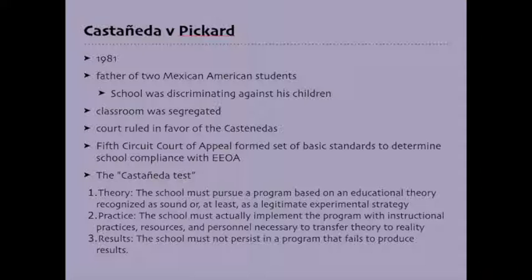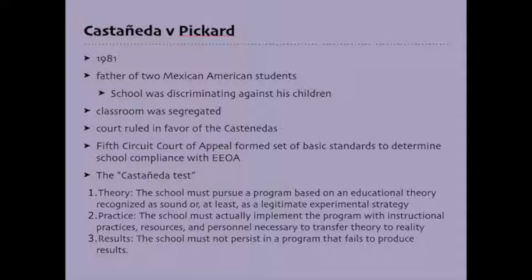The Fifth Circuit Court of Appeals formulated a set of basic standards to determine school district compliance with the EEOA, otherwise known as the Equal Education Opportunities Act of 1974. The Castaneda test includes the following criteria. 1. Theory.